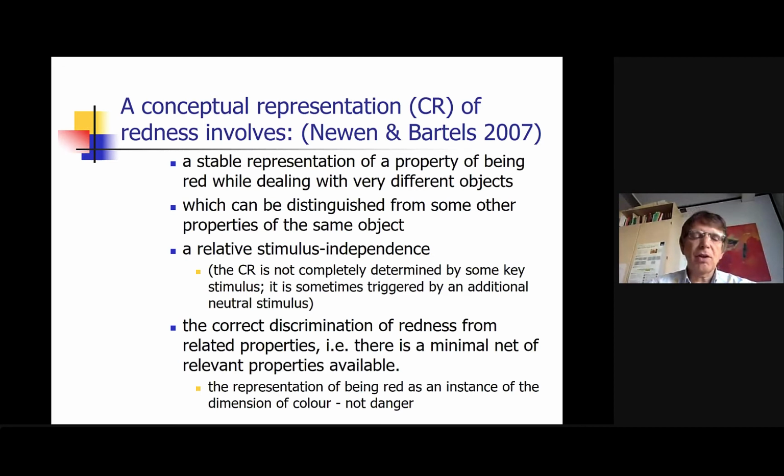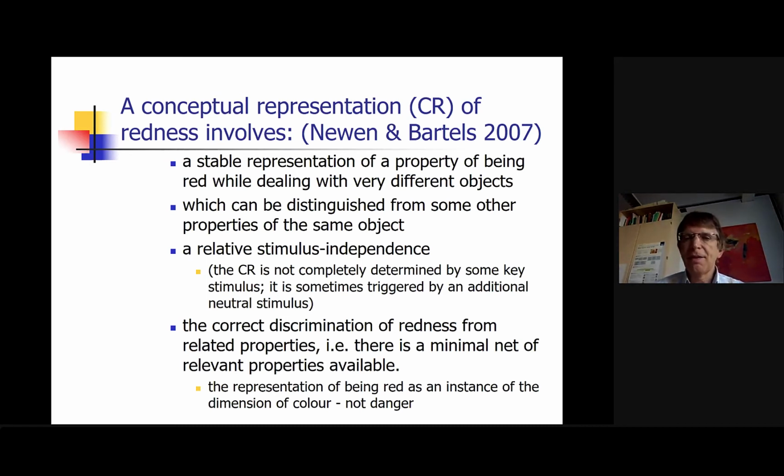Of course, we can have non-conceptual representations of the registration of the color red. But what does it mean to have a conceptual representation of redness? I worked out in a paper with Andreas Bartels that four conditions should be satisfied. We should have a stable representation of the property of being red while dealing with very different objects.